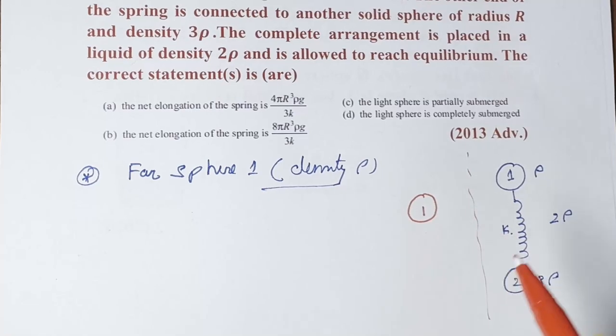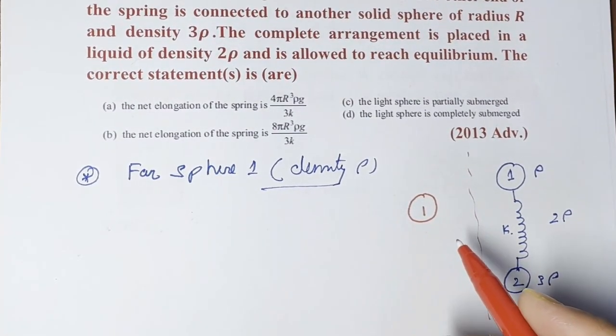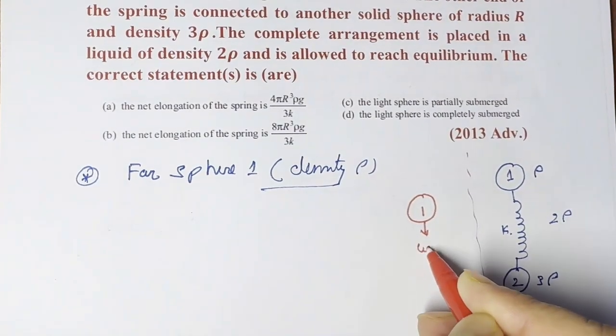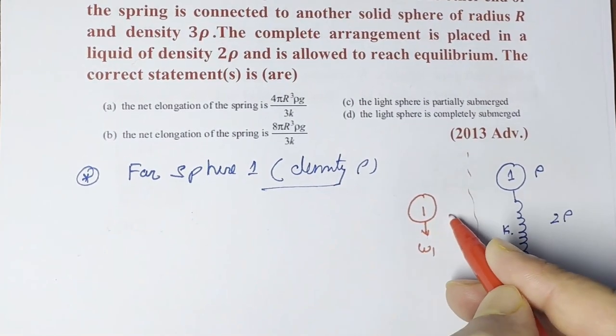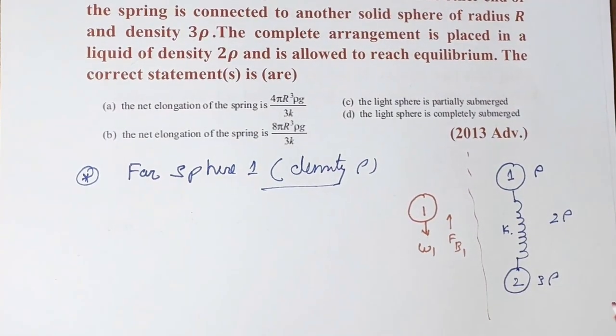So this is sphere 1, and it is going to have weight, let us suppose W1, in the downward direction, and a buoyant force acting in the upward direction, let us suppose that is FB1.